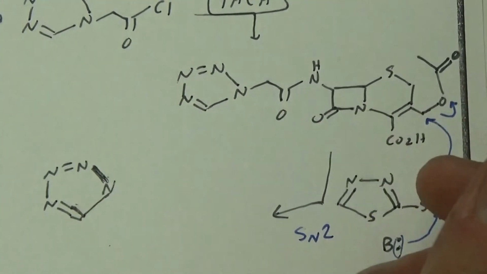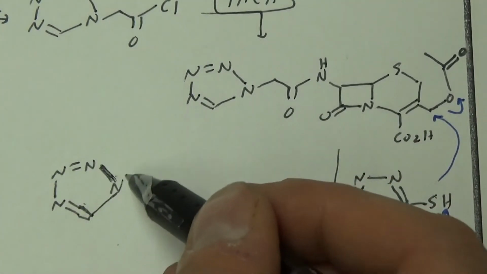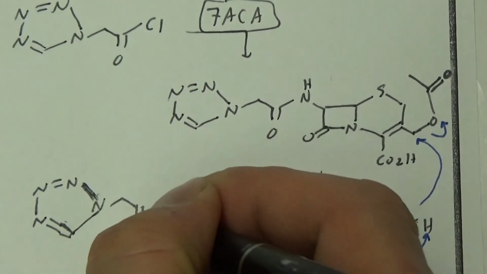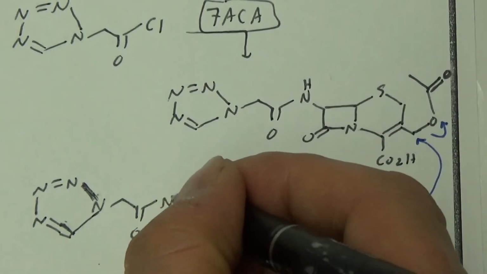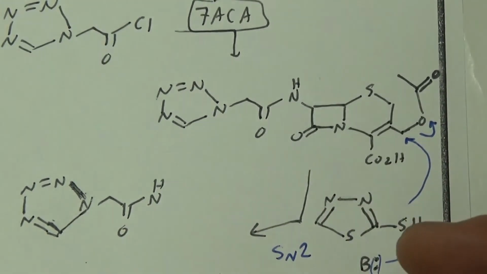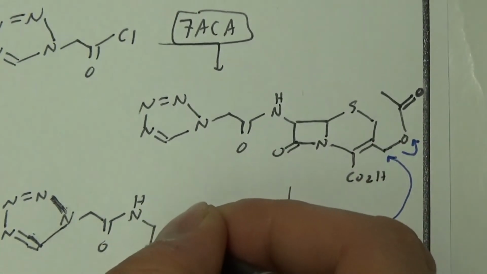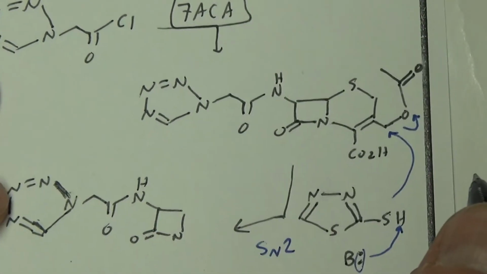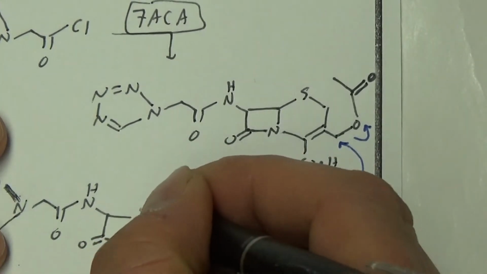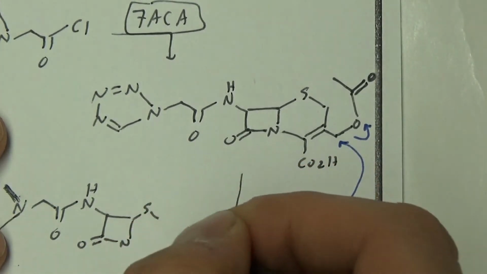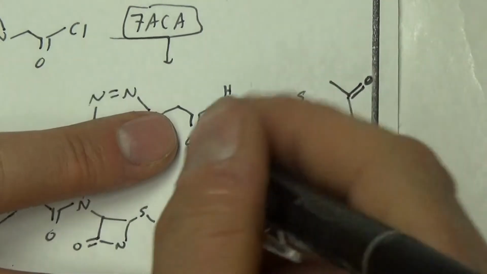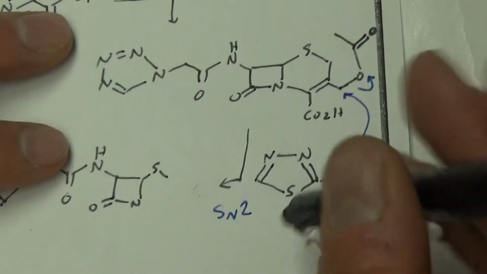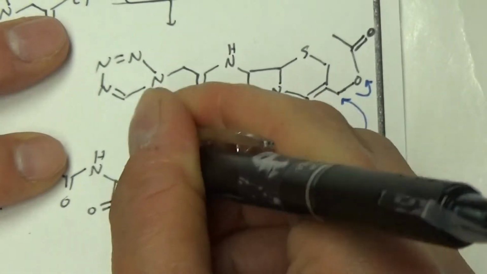Alright, good. Yeah, so 4 nitrogens: 1, 2, 3, 4, and this nitrogen's attached. And then you got your 4-member ring. I'll draw it kind of small because I screwed up and didn't give myself enough room. Shorten the arrow a bit. There you go. Alright, so let's draw this nicely.